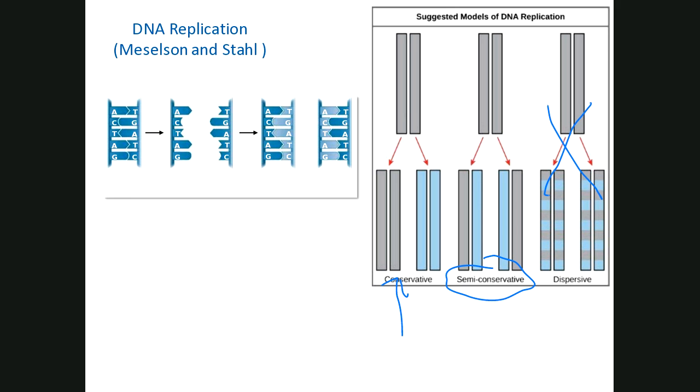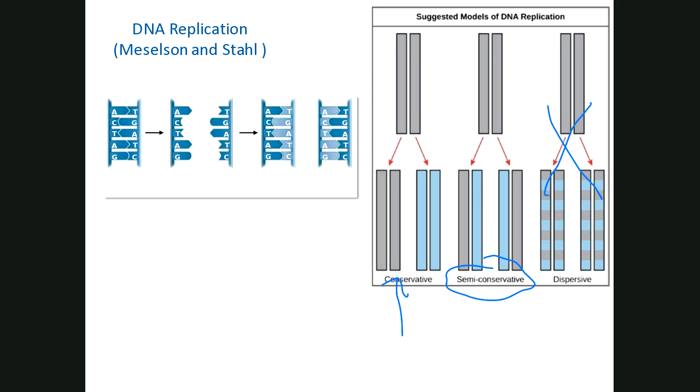I mean, consider conservative replication: something's going to have to sit there and take the sequence of letters on the gray strands and assemble them into new strands identical in the blue strands. So something would have to do that, some machinery. So to me, conservative is a little like dispersive in the sense that you're introducing a lot of chance for error.